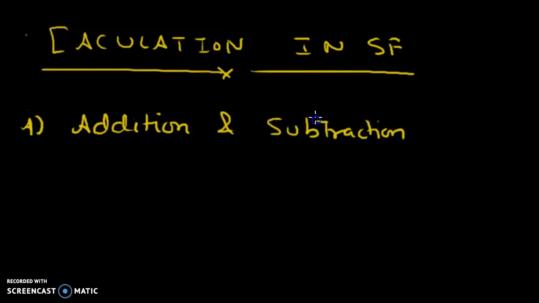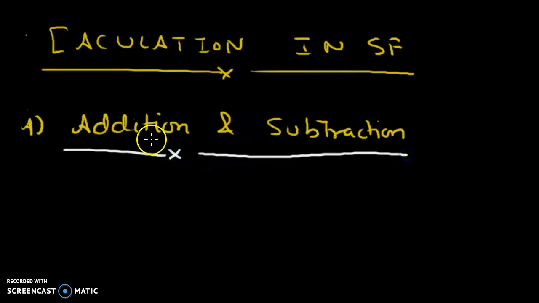If I'm talking of addition and subtraction, how do you do that when significant figures are concerned? For addition and subtraction, just remember one thing, the result has to have the least decimal places.